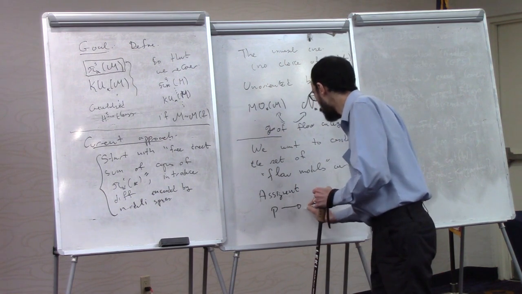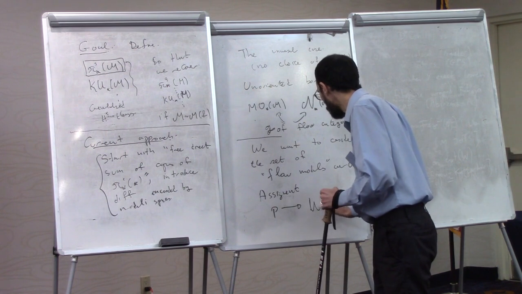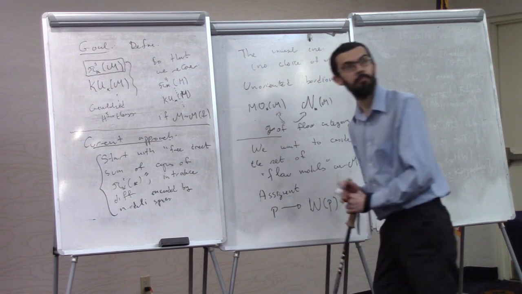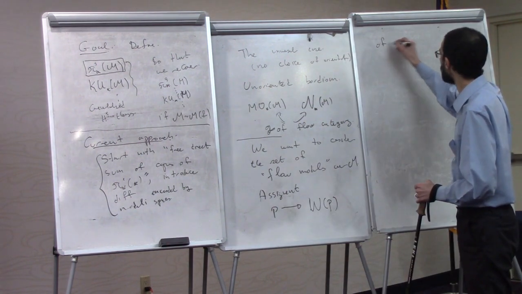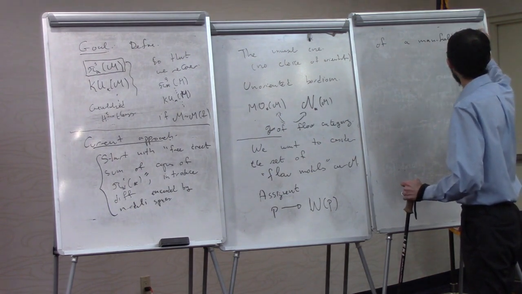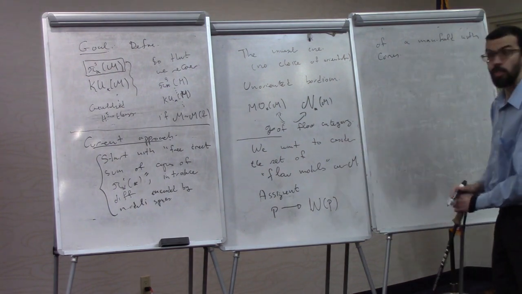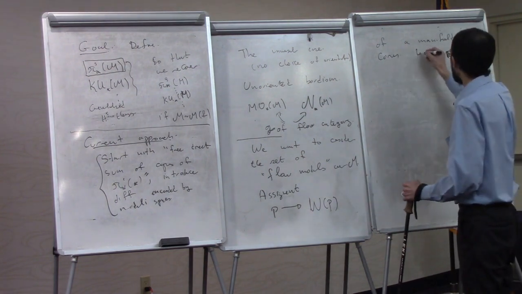And what they are simply is an assignment. P goes to, let me use another letter, let's do W_P, a manifold with corners, to each critical point, to each object of our category.